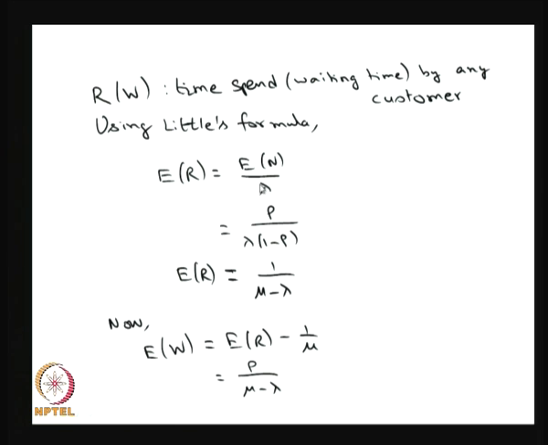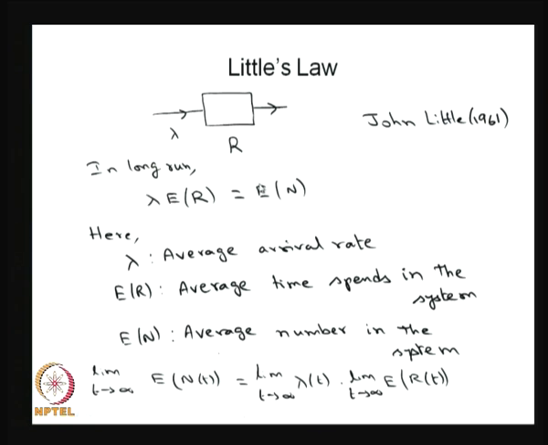If I know the mean arrival rate and the mean number of customers in the system in the longer run, using these I can find out the average time spent in the system.